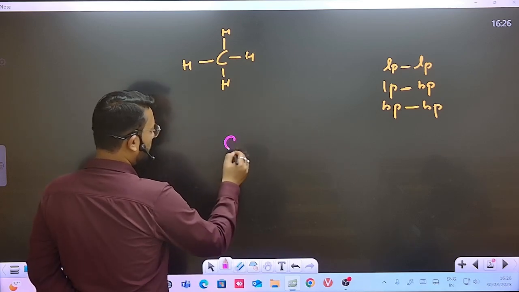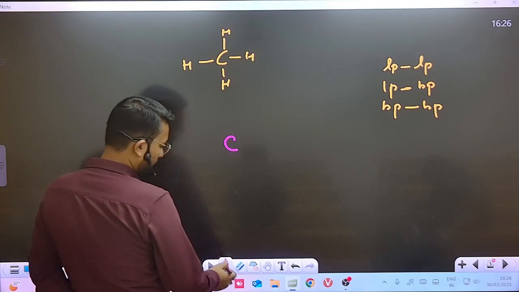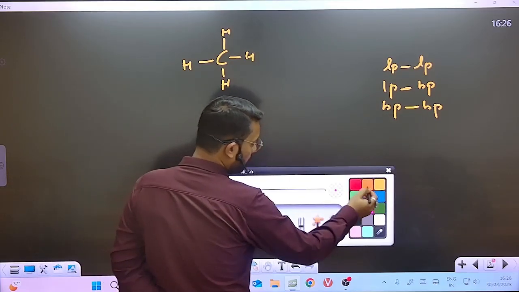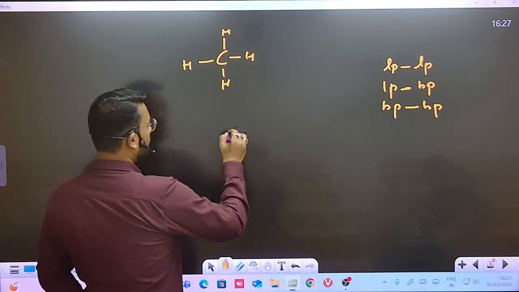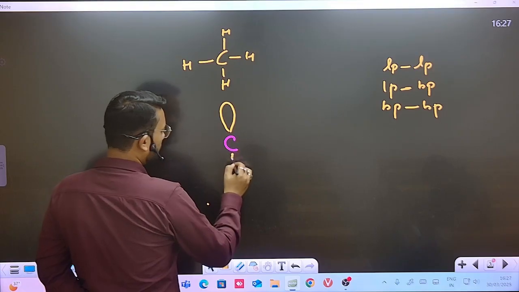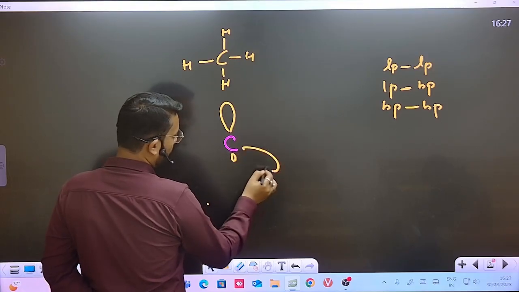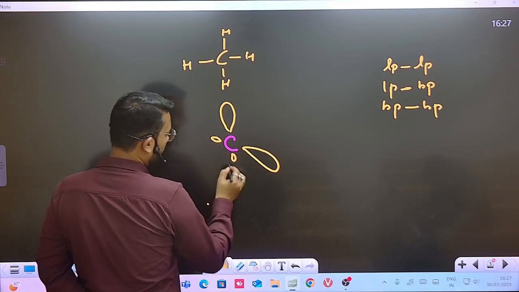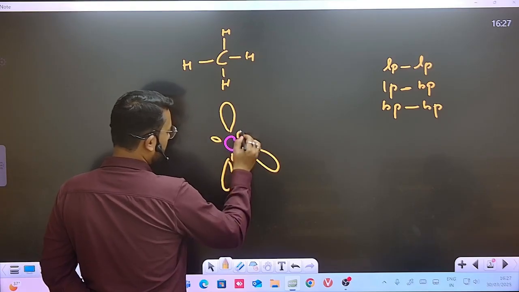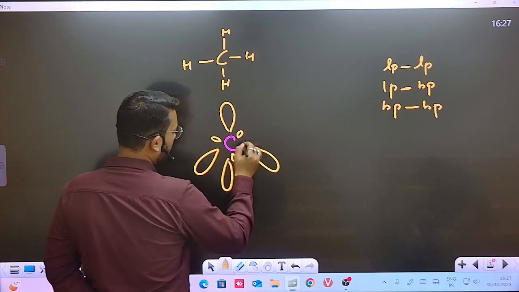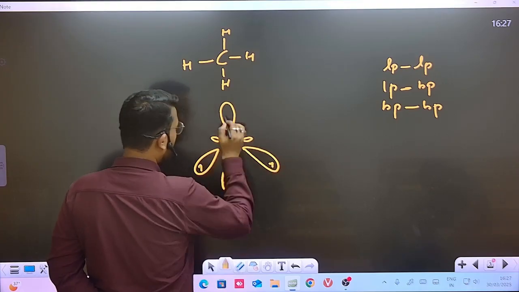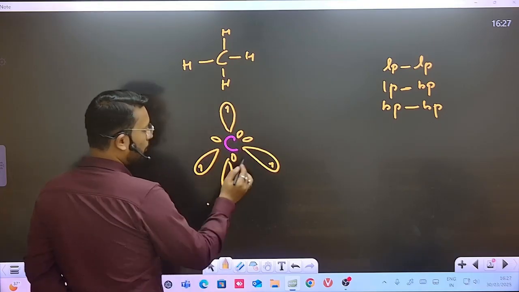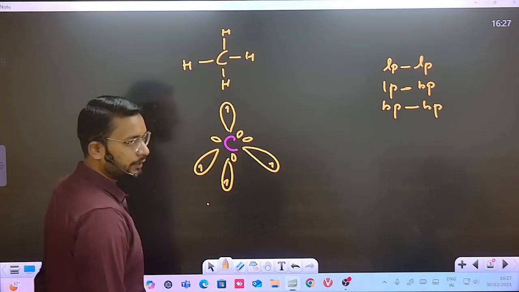So for example, this is our carbon, and these are the 4 orbitals we have attained after hybridization, which have 1 electron each. These 4 hybrid orbitals are sp3.